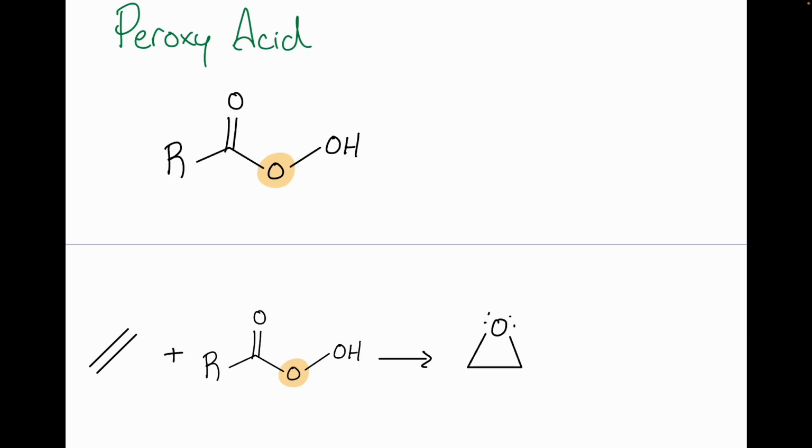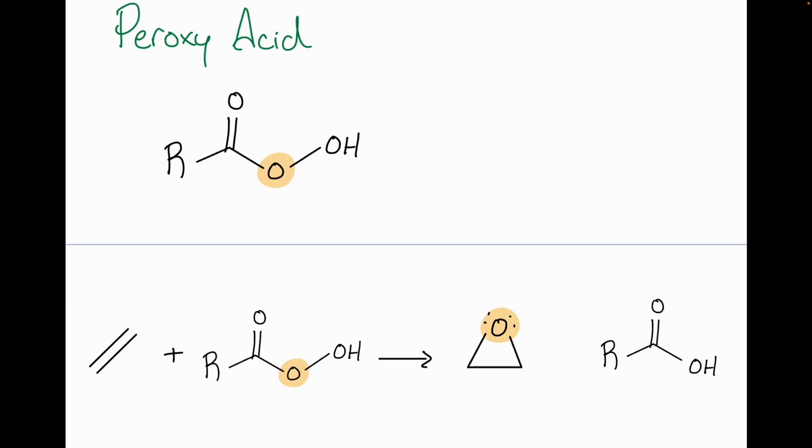That same oxygen that was that kind of extra oxygen in our formula here. And then the other product is then just a carboxylic acid. This isn't something that we're going to learn the mechanism for, so for our purposes, it magically sticks that oxygen between those carbons in that carbon-carbon pi bond.